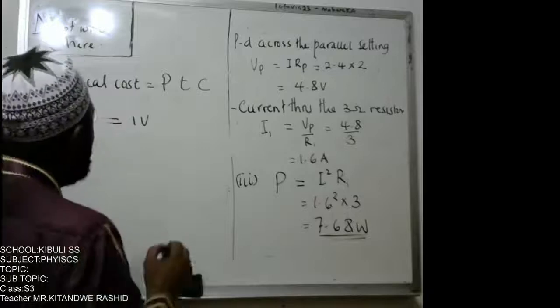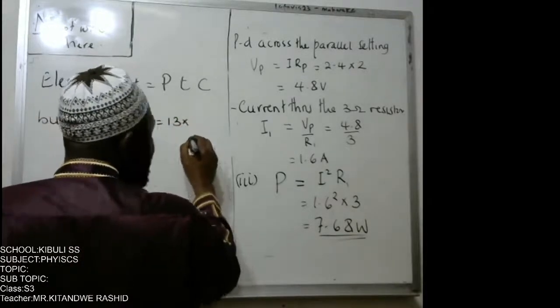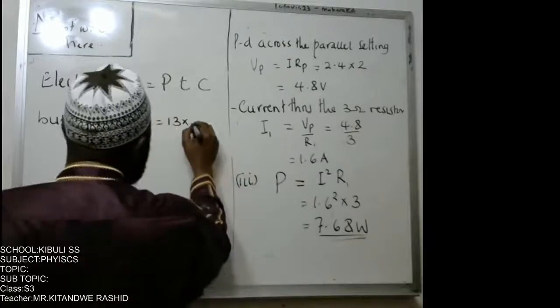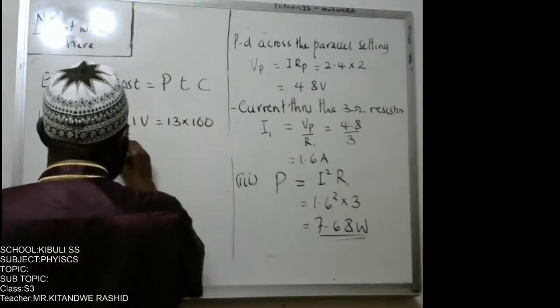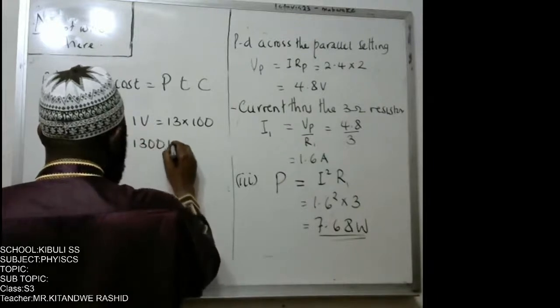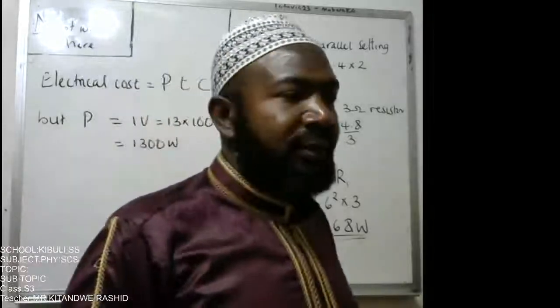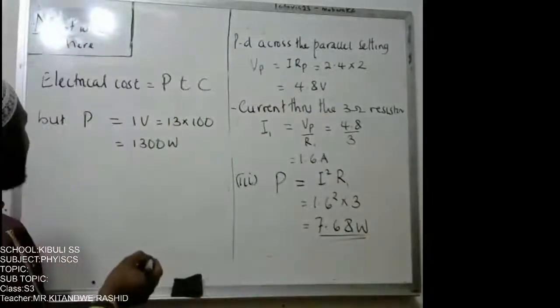The current was given to be 13 and the voltage 100. So the power is 1300 watts. Were you given the time? Then the answer is too easy.